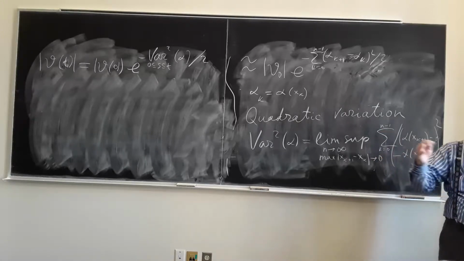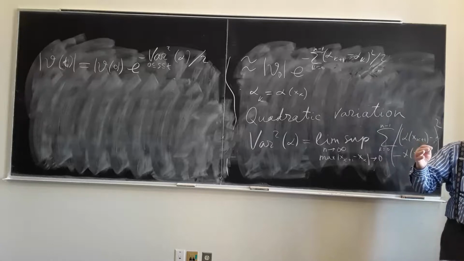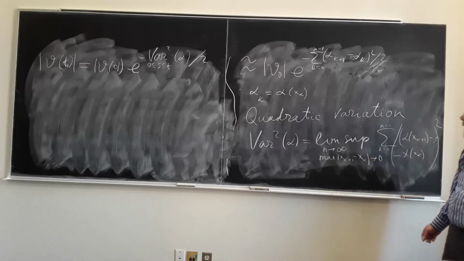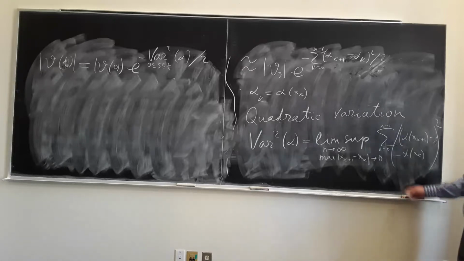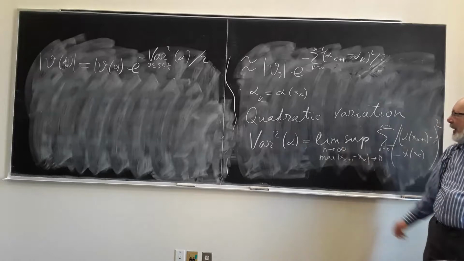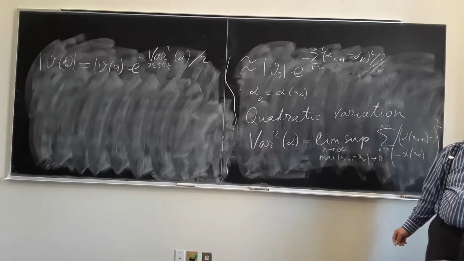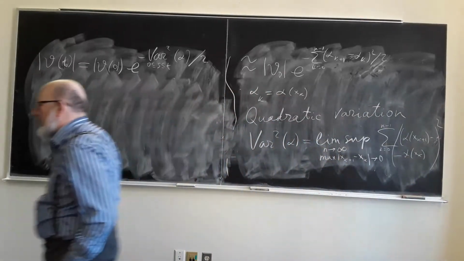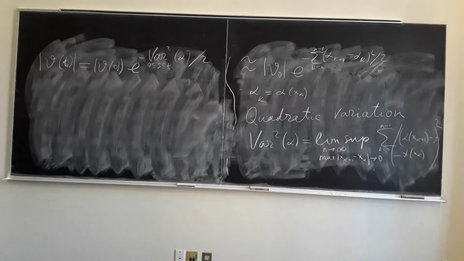Under much larger magnification, we see it is again hairy, but on a much smaller scale, and so on. So if you estimate the quadratic variation of the function, it can happen that there is no convergence. We can easily construct examples of functions such that when n goes to infinity, this quantity does not converge to anything.